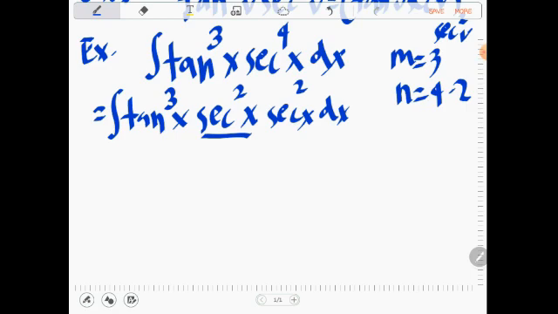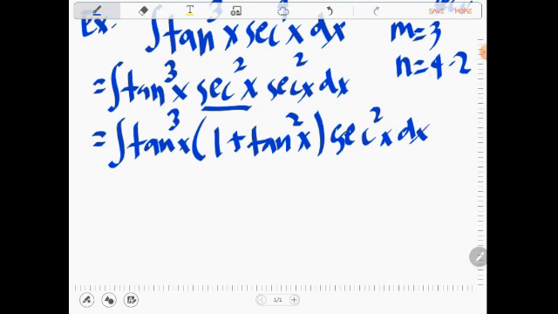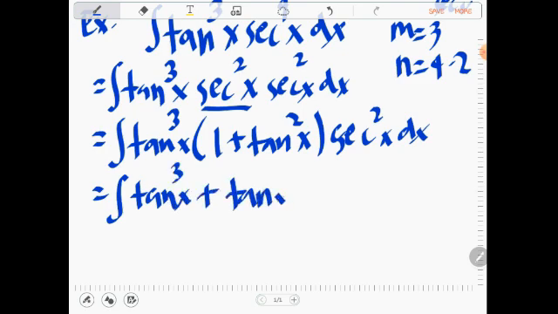Tapos ito ay meron siyang trigonometric identity. So this should be equals to tangent of x cubed quantity 1 plus tangent of x squared, plus quantity secant of x squared dx. Therefore, dito ay pwede tayong gumamit ng distributive property. This should be equals to tangent of x cubed plus tangent of x raised to 5, multiplied by the secant of x squared dx.